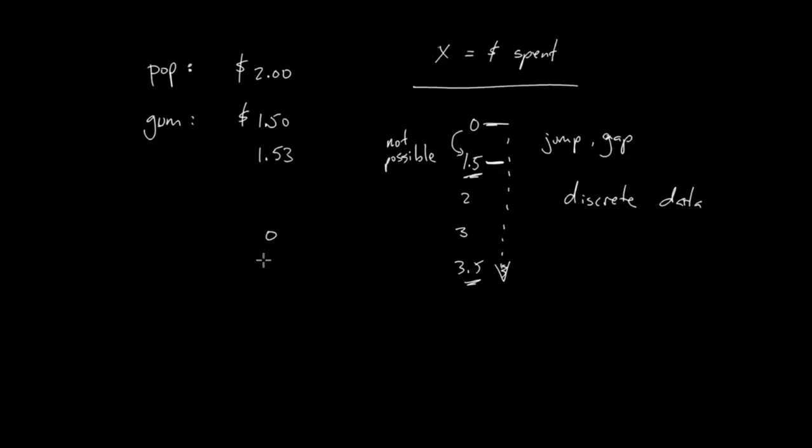It could have gone from 0 as my first possible amount of money to the next possible amount being 1.53, and so on. So decimals alone do not tell you whether you have discrete or continuous data. Instead, you have to understand whether there are jumps and gaps between the data, or there are no jumps and gaps between the data.